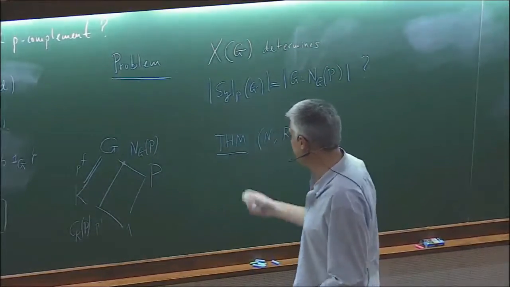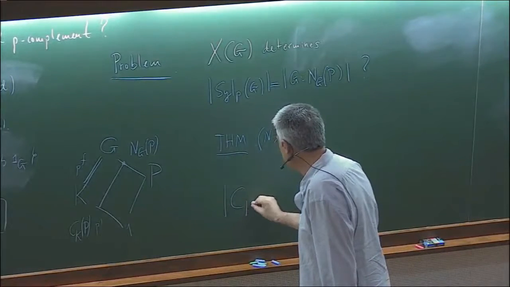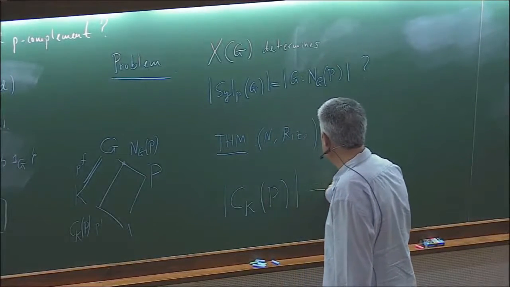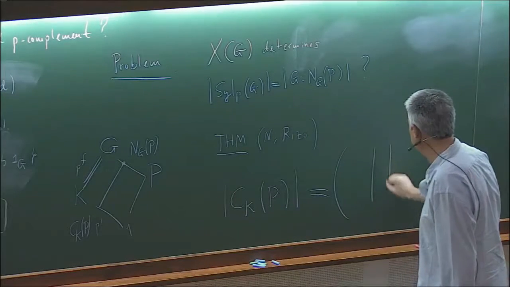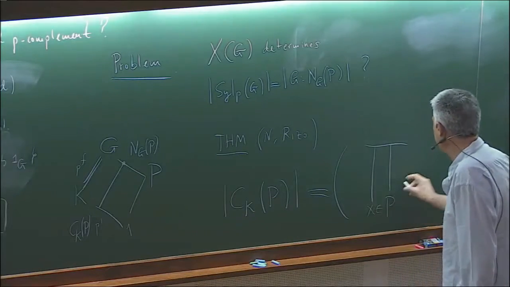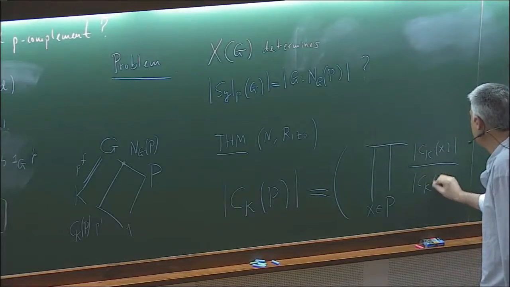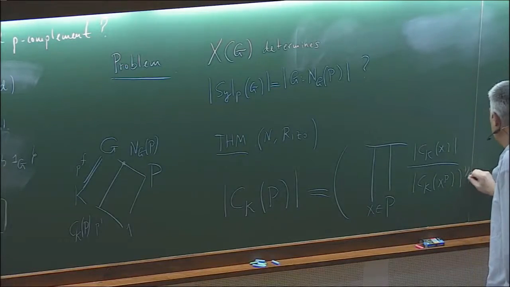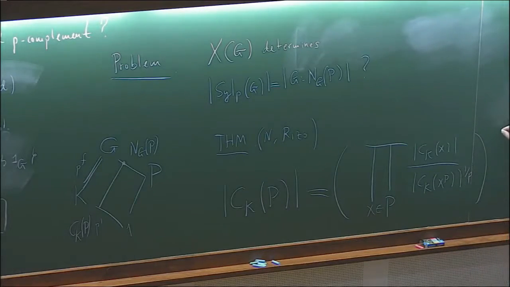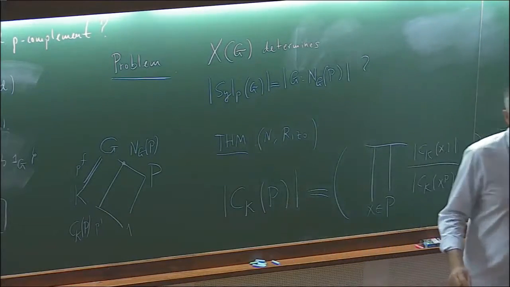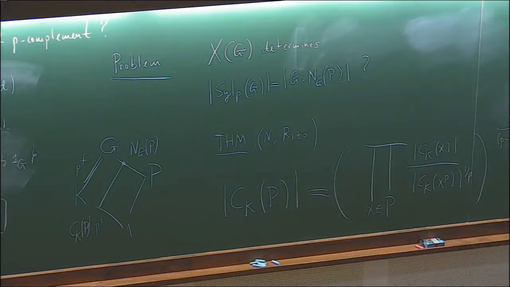If P acts on K, etc., the size of the fixed points is the product over x in P of the centralizer of Kx, centralizer of Kx to the P, 1 to the P, and all this raised to P minus 1, P. If you plug this formula in for C2 cross C2, you get Brauer's formula. And this also generalizes a formula by Wieland.